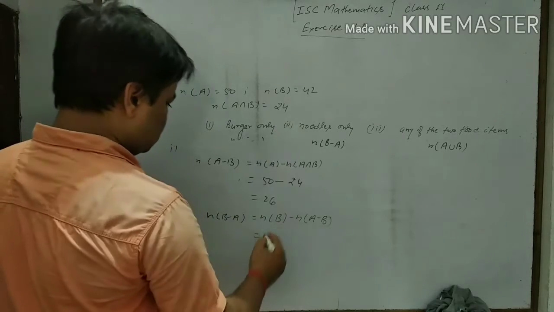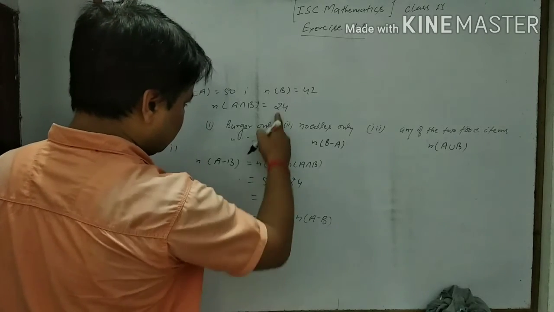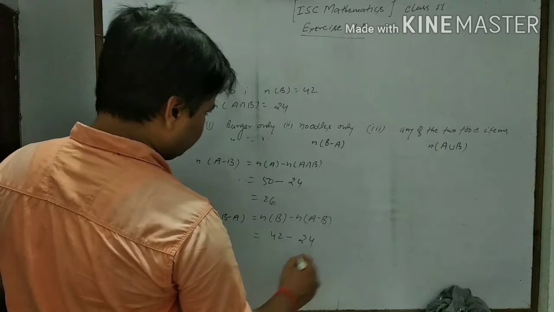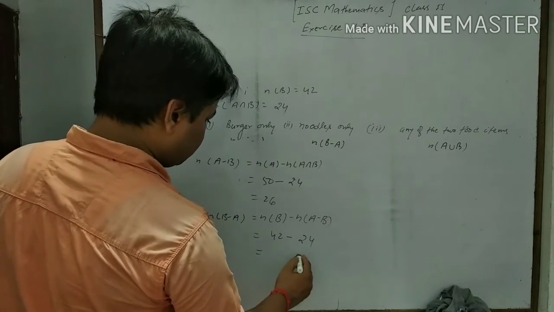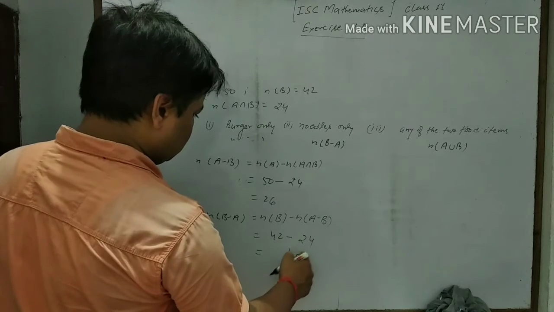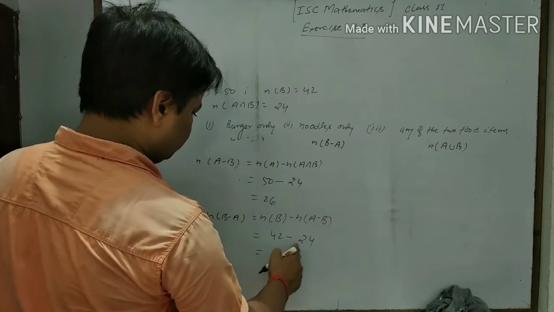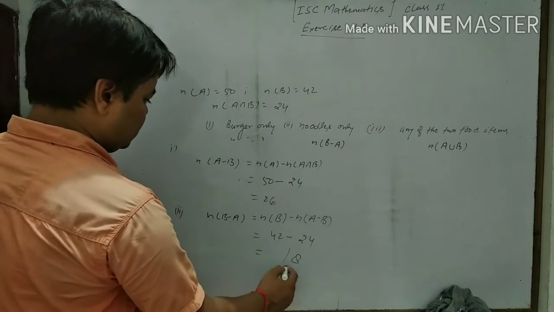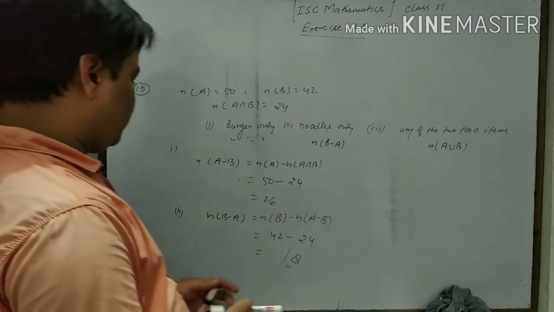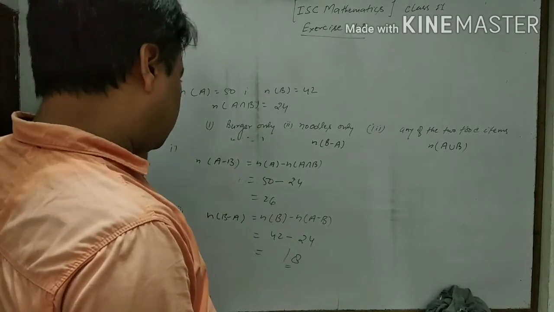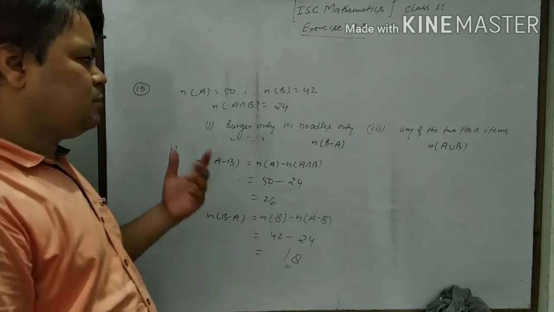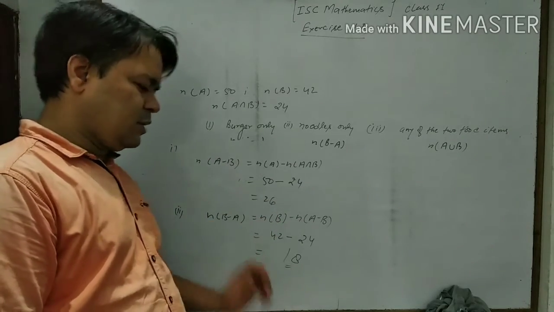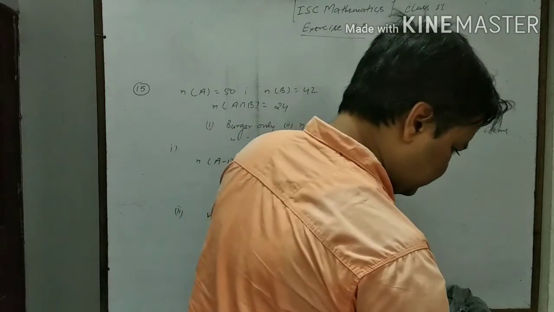Cardinal number of B is 42 minus 24, which is 18. It means cardinal number of A minus B, the number of students who eat only burger, will be 26, and the number of students who eat only noodles will be 18.